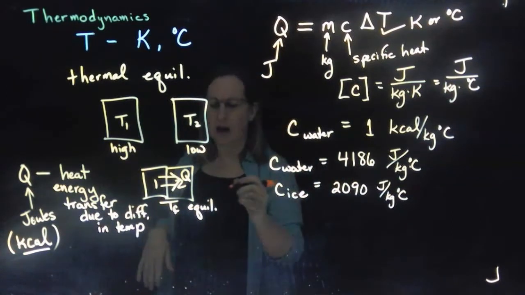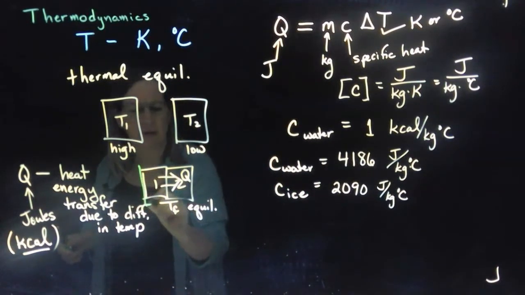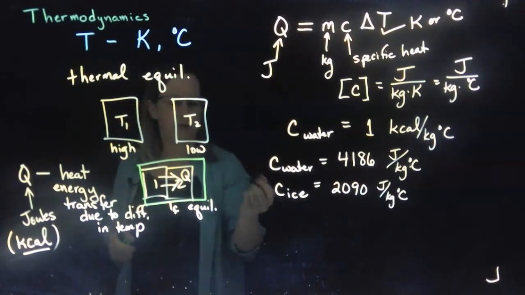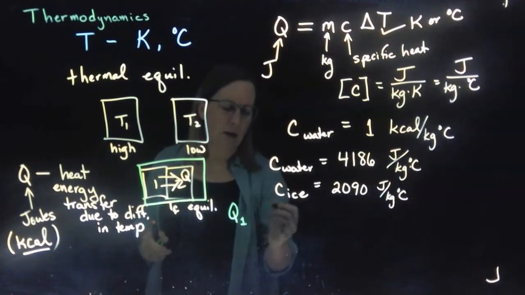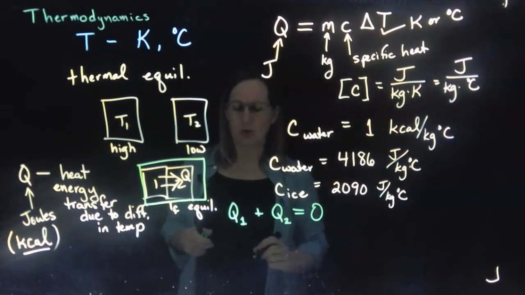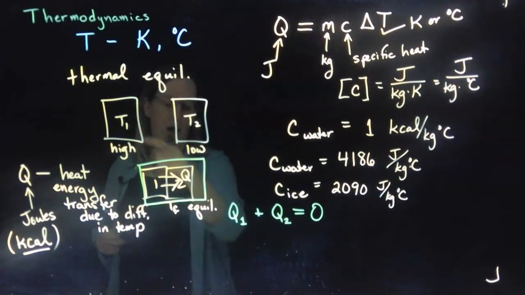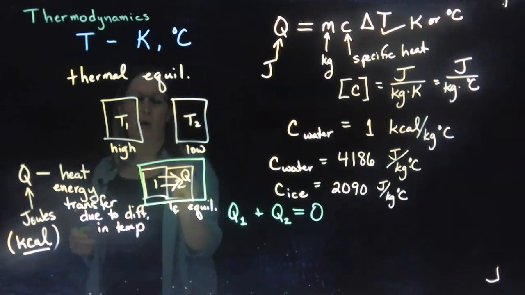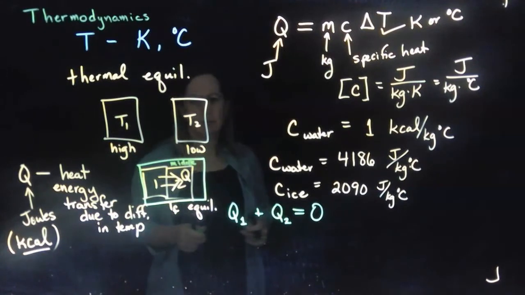So when we have an isolated or insulated system, isolated from everything else, the heat from one must go into the heat of two, so that altogether these are 0. Because T1 is going from high to low, and this is going to end up somewhere in the middle. Not exactly in the middle, unless these are exactly the same mass or the right numbers for the specific heat, but somewhere in the middle.